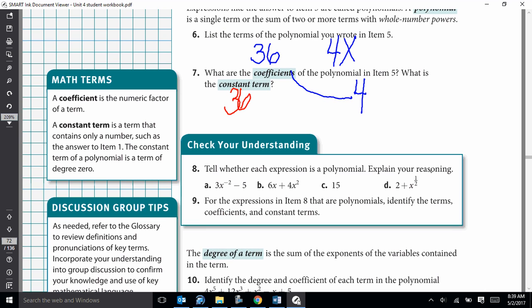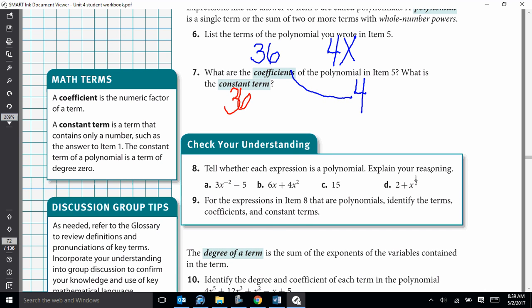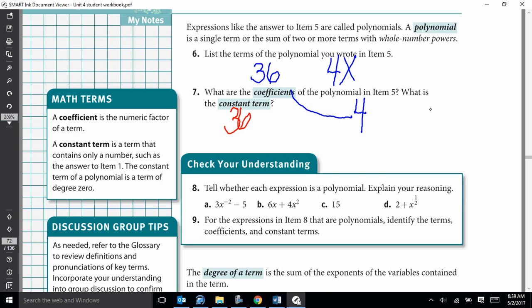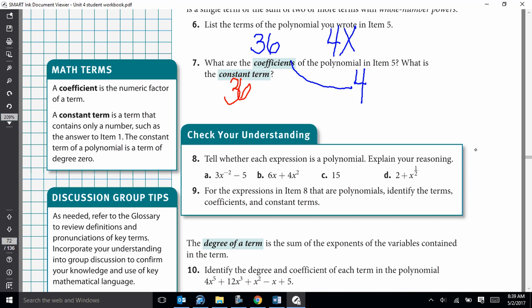And with the polynomial, the terms are whole number powers, so that's going to be important. So if we have a fraction, I'm looking at D here, we have x to the 1/2. That's not going to be a polynomial.